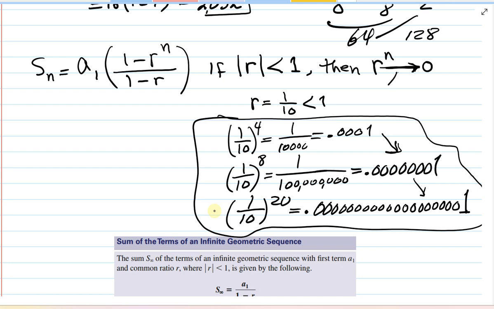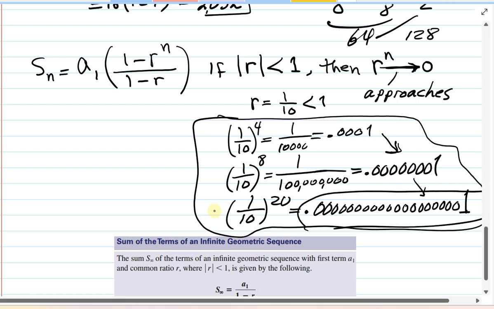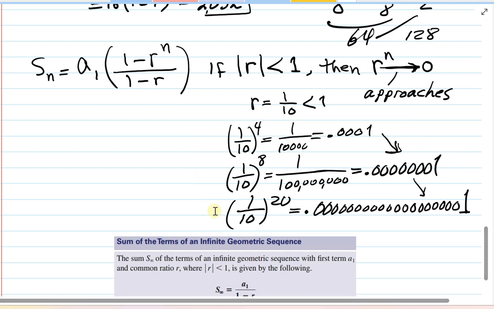The arrow, read that as approaches. It gets very, very close to 0, right? For large n.